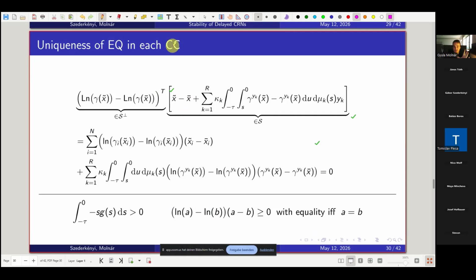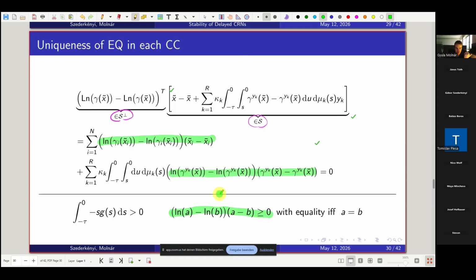And I think we remember this, that this must reside in S perp. This must reside in S. So if you take the vector product, because they're perpendicular to each other, this must be 0. Okay, so then we rely on two little tools here. One of those being this one here, ln A minus ln B times A minus B. That is greater than 0 if A is not equal to B, basically, and we use that here and here as well.